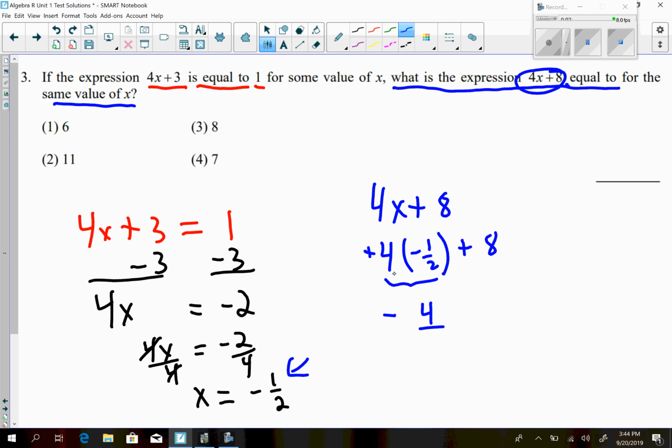Under the 4, there's a 1. It's invisible. 1 times 2 is 2. Copy, copy. Bring down negative. 4 divided by 2 is 2. Copy the rest. And negative 2 plus 8 is 6. Choice 1.